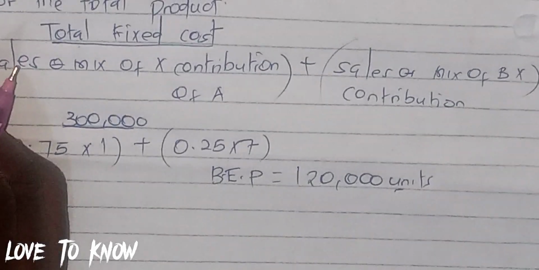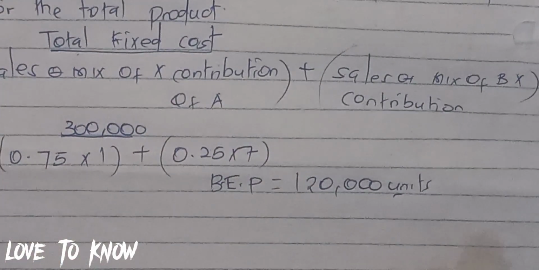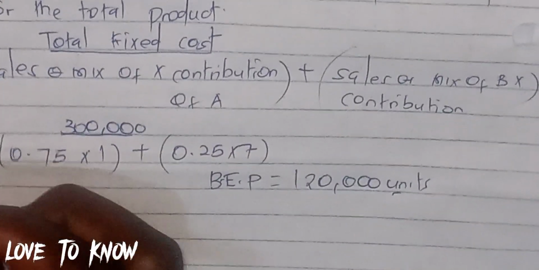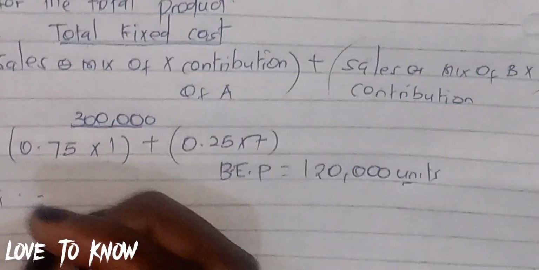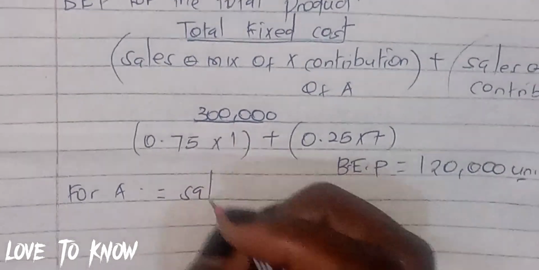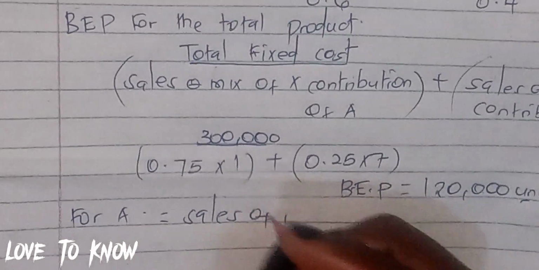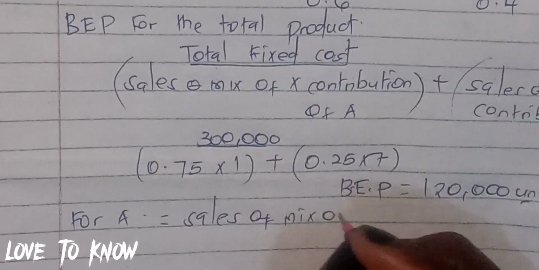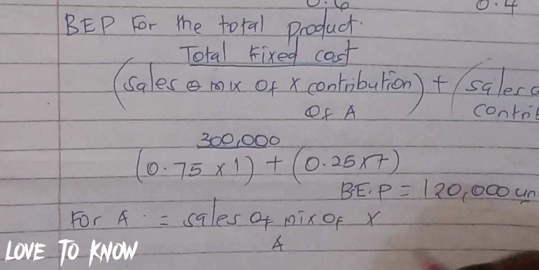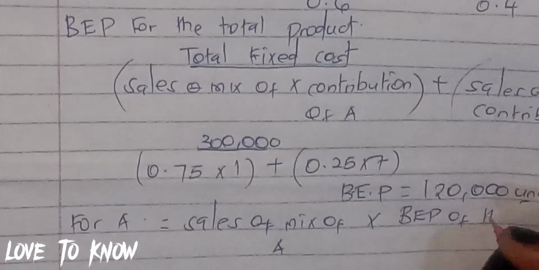From there, we will calculate the break-even point for each product. Let's start with A. The formula for the break-even point for a single product is the sales mix of that product multiplied by the break-even point of the total product.